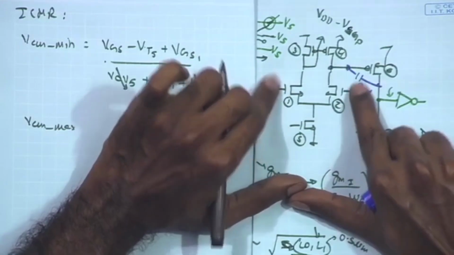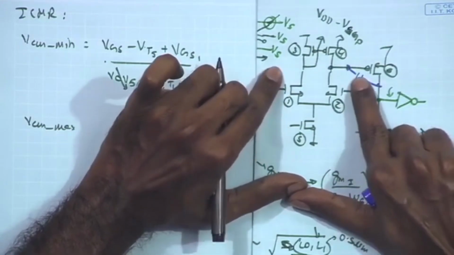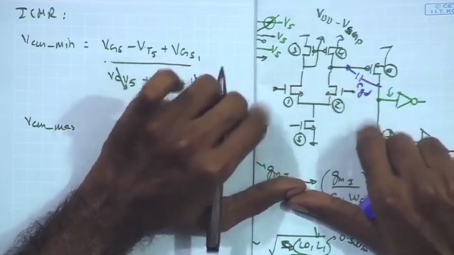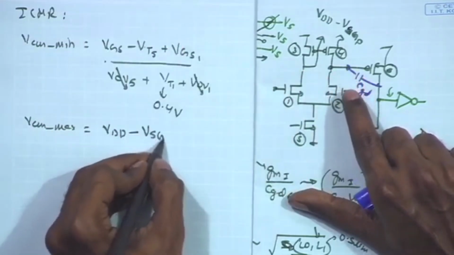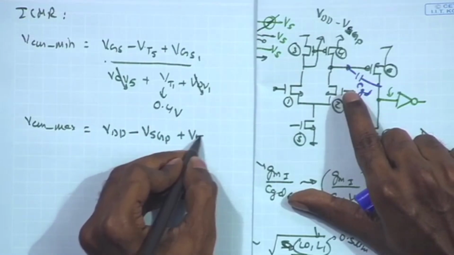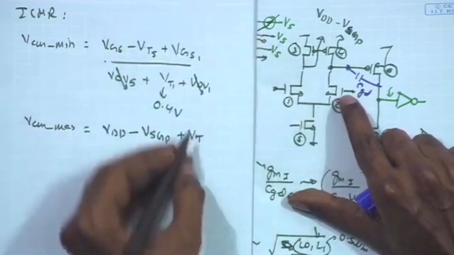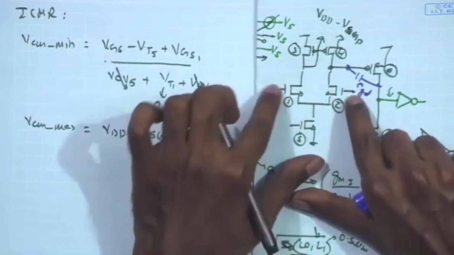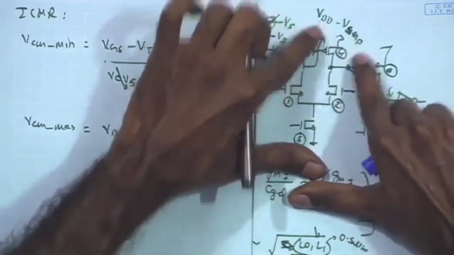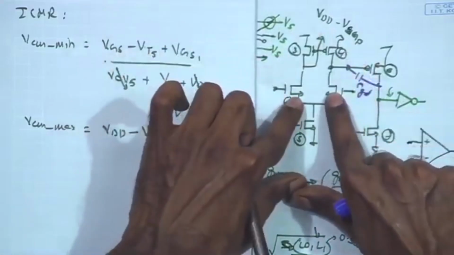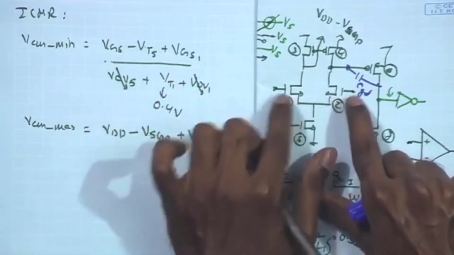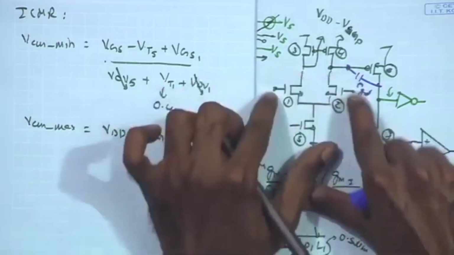And as a result, the maximum potential you can have at the gate of M1 and M2 while keeping these two in saturation is going to be VDD minus VSGP plus mod VT plus VTN or VT1 or VT2, because remember, if this potential is clamped to VDD minus VSG and you are trying to increase these two gate voltages, ultimately these two transistors will enter into triode when the gate potential crosses the drain plus VT.